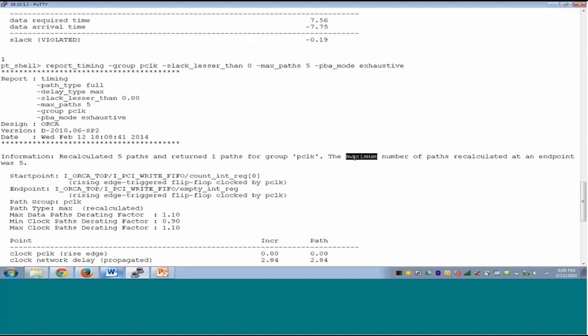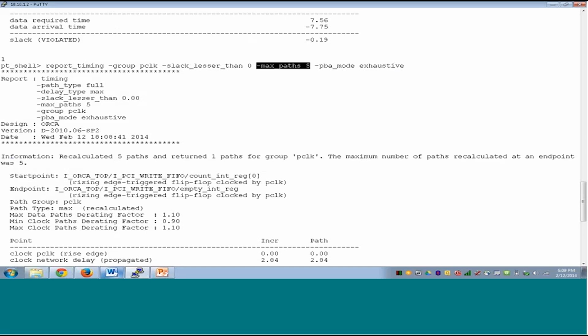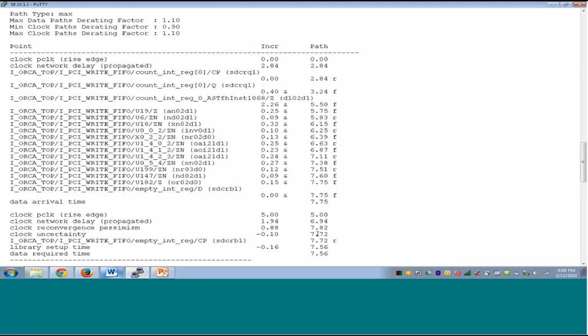I don't know, sometimes maybe the internal algorithm takes a look at the max path 5 first. It recalculated the transition number, and this gave a better slack. So it gave us some advantage, but not a great advantage. But still, it gave us some advantage.